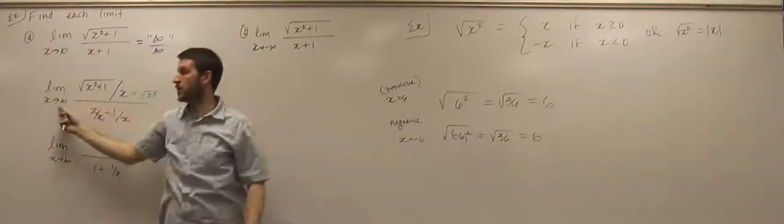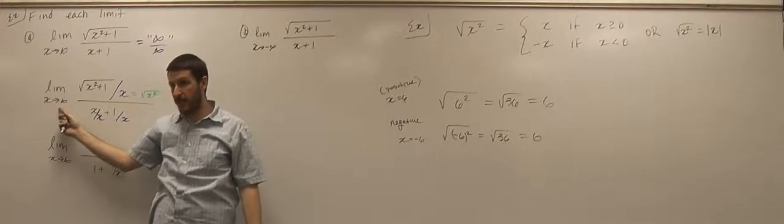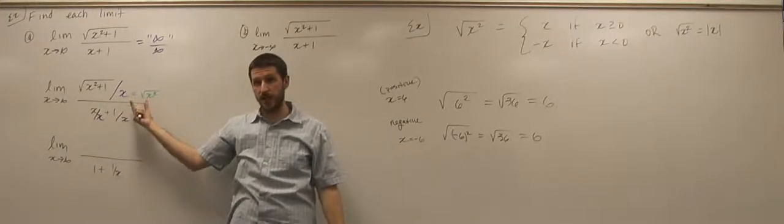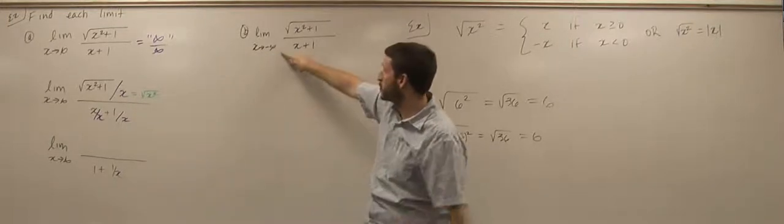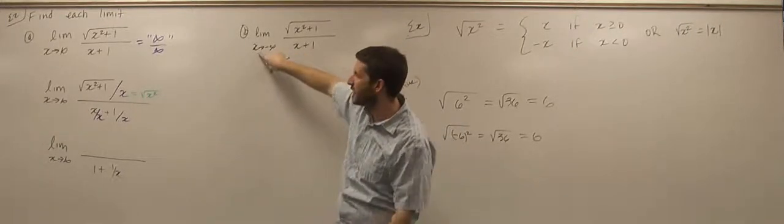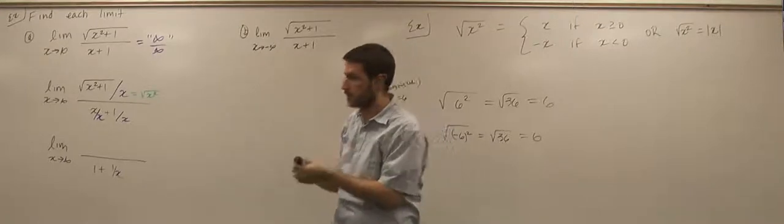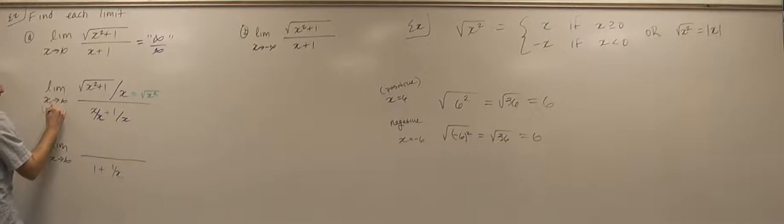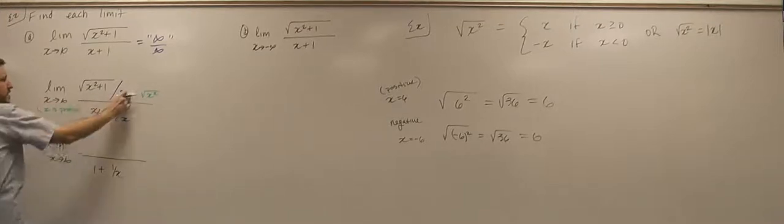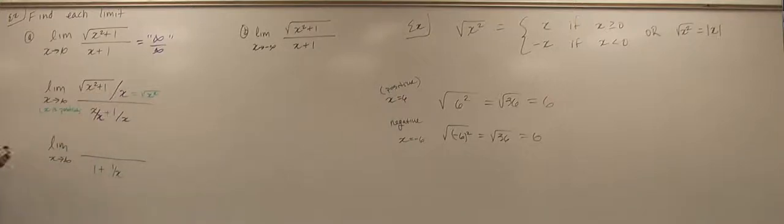But since I'm going to positive infinity, this is legit, this is okay. If I were going to negative infinity, which we'll do later, then I have x negative, and then I have to worry about something else. So we make the assumption that x is positive since we're going to positive infinity. So then this is a true statement and everything works out okay.